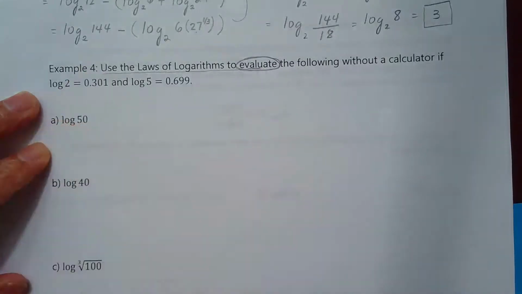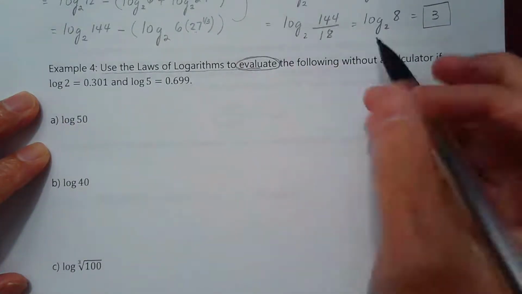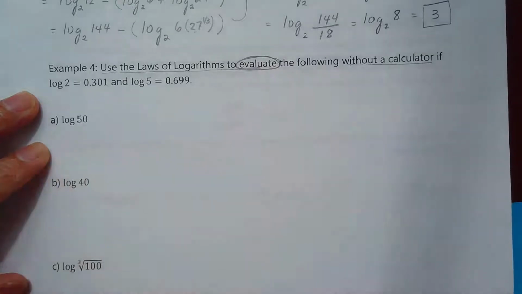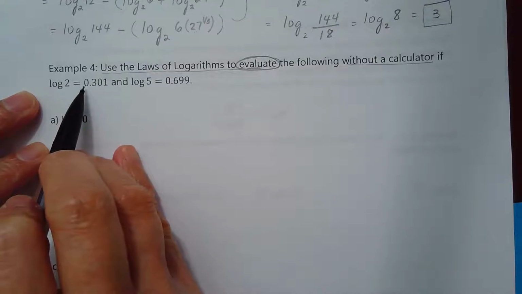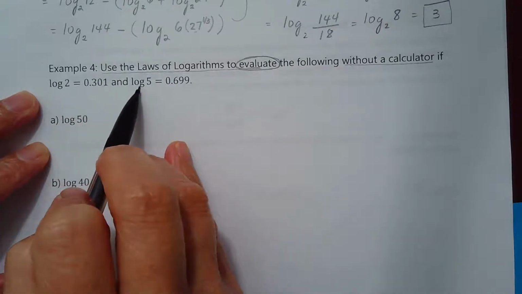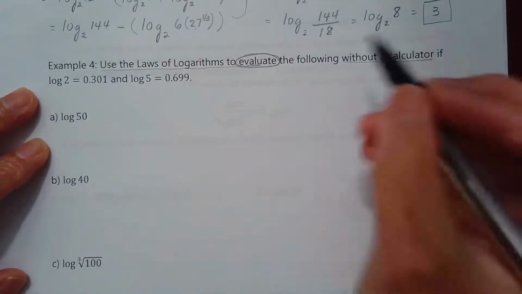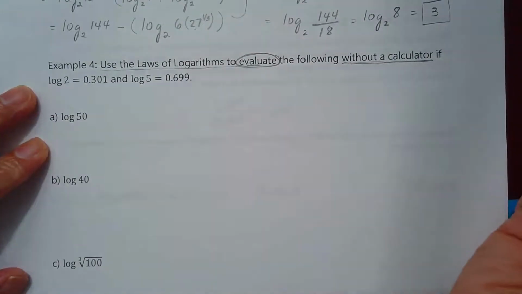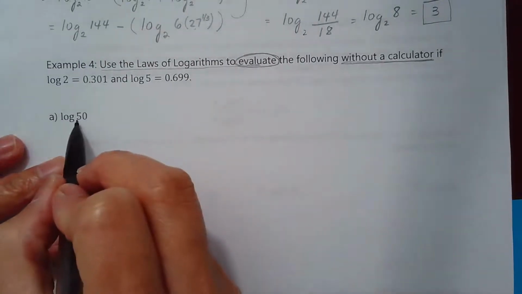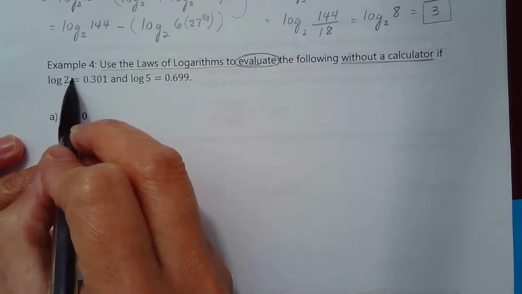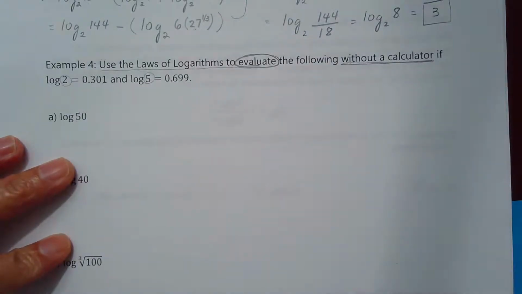So the following without the calculator, if log of 2 is 0.301, and log of 5 is 0.699. The tricky part here is without a calculator. So now here's what we're gonna do. How can we create 50 from 2 and 5?